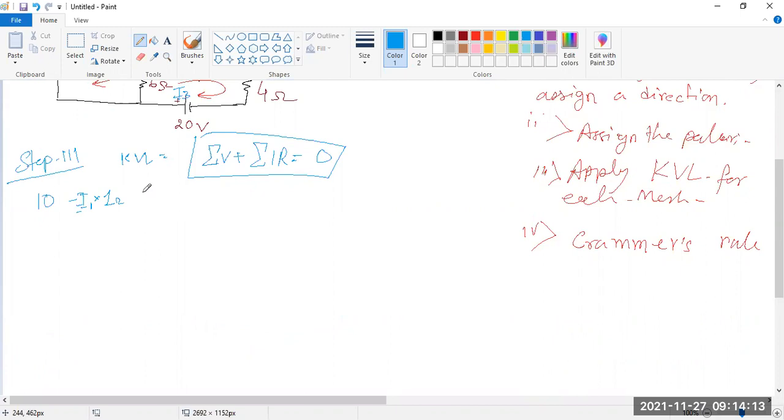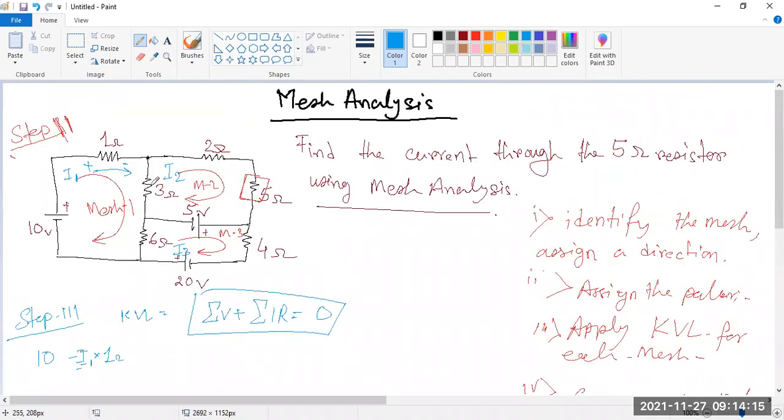Then we can see this is another resistor where some current is flowing, but which type of current is flowing? Look, I1 is in this direction and I2 is in this direction. This is I2 and this is I1. So what will be the net current?